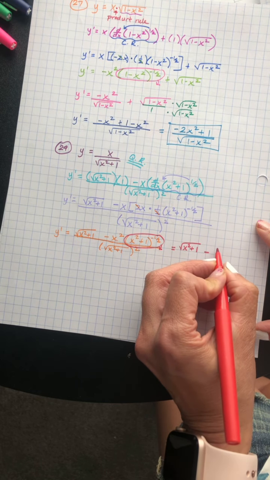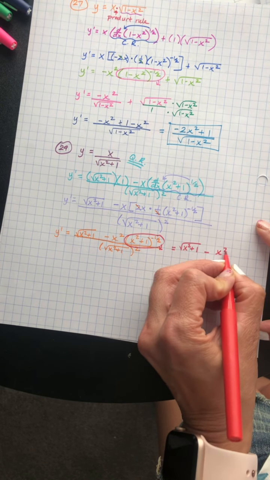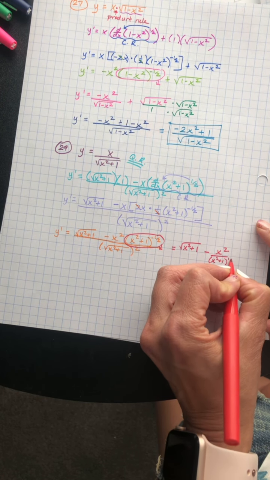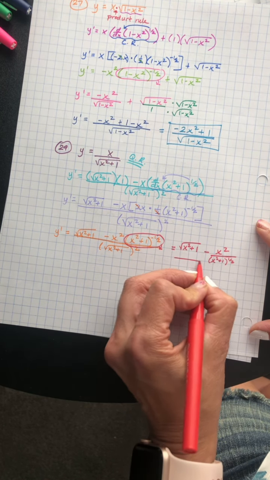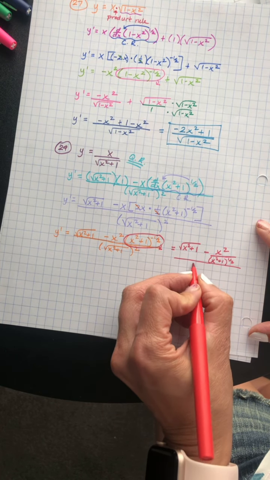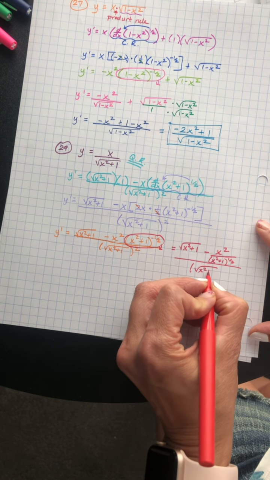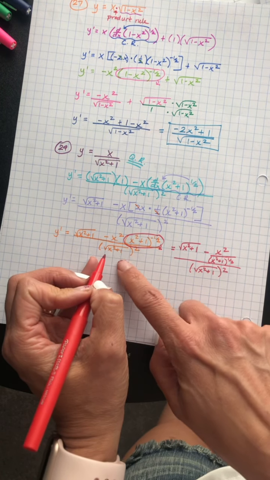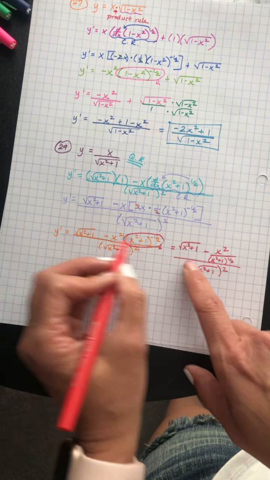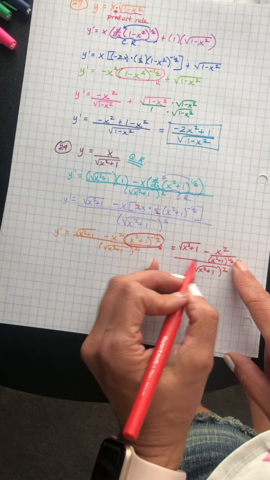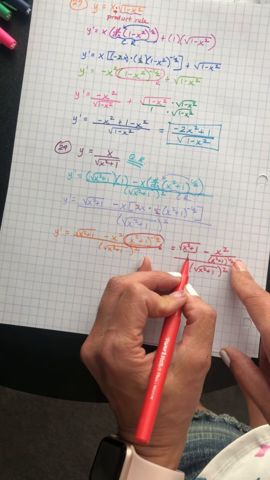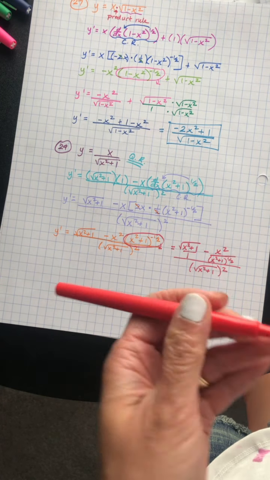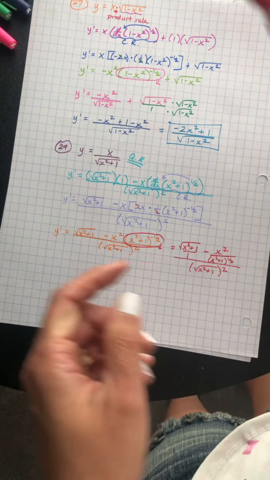So I'm going to have x squared over x squared plus 1 quantity to the 1/2 over square root of x squared plus 1 quantity squared. Now the reason why it doesn't go down with this denominator is because I'm going to have to combine like terms right here with this one. So I'm going to have to get a common denominator and then combine and then go from there. That's the reason why.